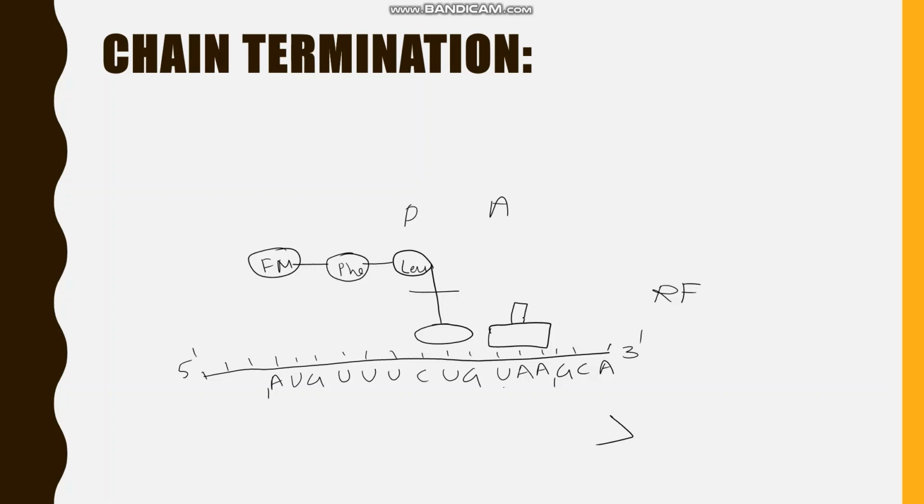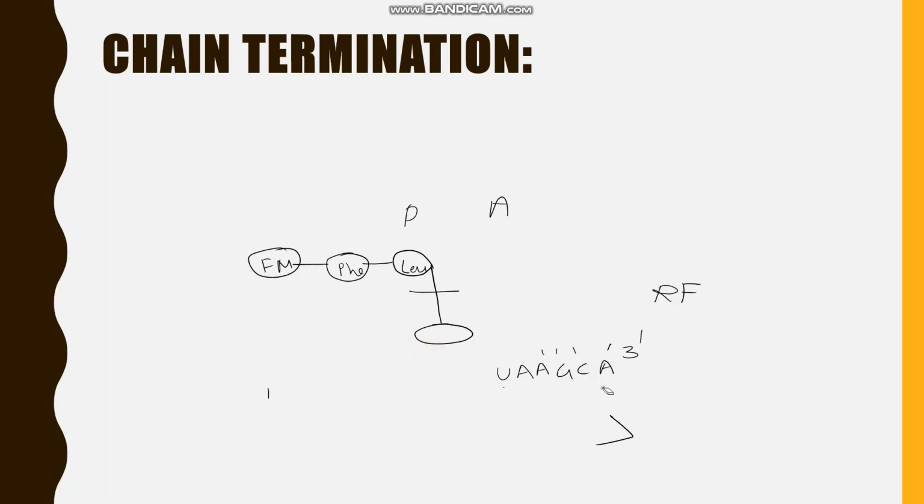So this release factor causes the dissociation of ribosomal subunits, so that there will be the removal of this tRNA from this mRNA. So from mRNA, the tRNA with the chain of amino acids are also removed.